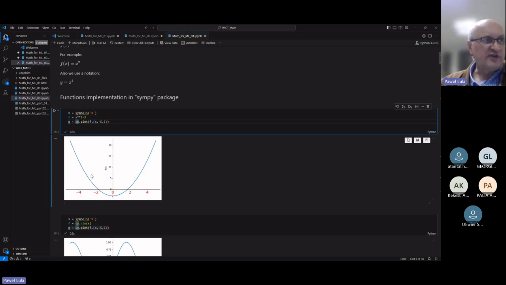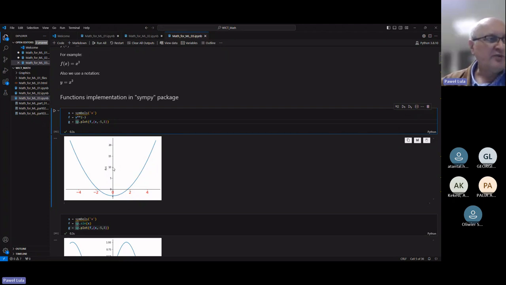We can, of course, using this graph, guess, maybe not exactly, but approximately, the output value for every x value. But for the same y value, we can have many x values.